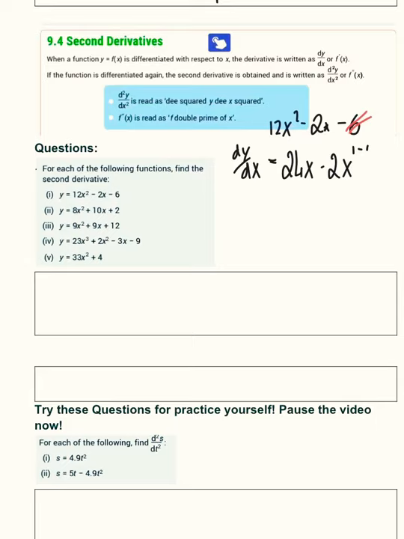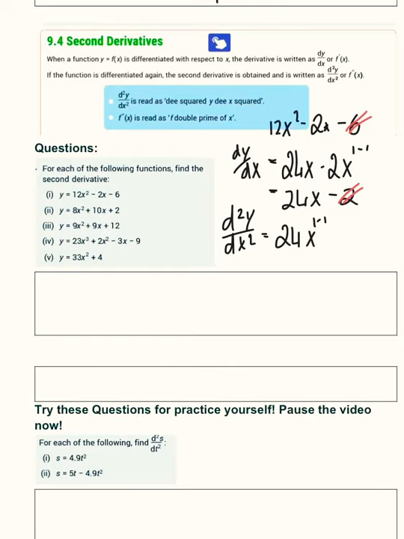Now let's tidy up our next line. Our first derivative is 24x minus 2x to the power of 0, which just turns to 1. So minus 2 times 1 leaves me with minus 2. My first derivative is 24x minus 2. Therefore, for the second derivative, I take my first derivative and differentiate that. 24x is to the power of 1, so 1 times 24 is 24, minus 1 from the power is 1 minus 1, and as usual we do not differentiate constants, so we cross that off.